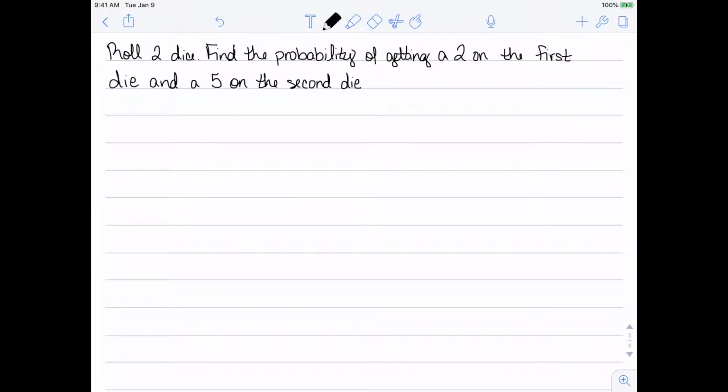So let's suppose we want to roll two dice. We want to find the probability of getting a 2 on the first die and a 5 on the second die. So here's what our multiplication rule says. The probability of getting a 2 and a 5 is the probability of getting a 2 times the probability of getting a 5 given that we got a 2. So let's start with the first piece, just the probability of rolling a 2 on a die. There are 6 sides of the die with one number 2, so 1/6.